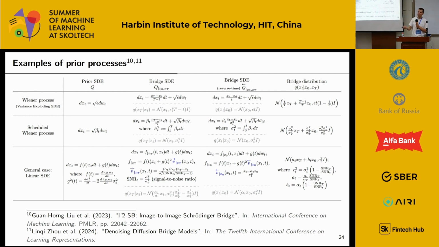This comes from standard diffusion models. I will not stop on this for a long time because it's just very technical stuff. The only thing you need to know is that, if you really want, you can compute all that you need to train your bridge model.